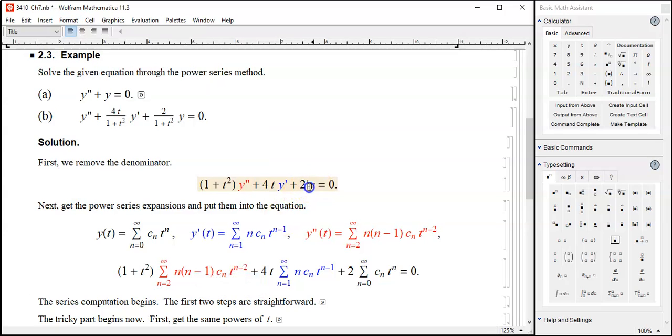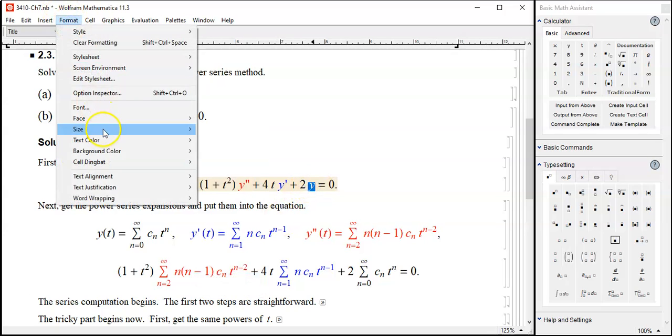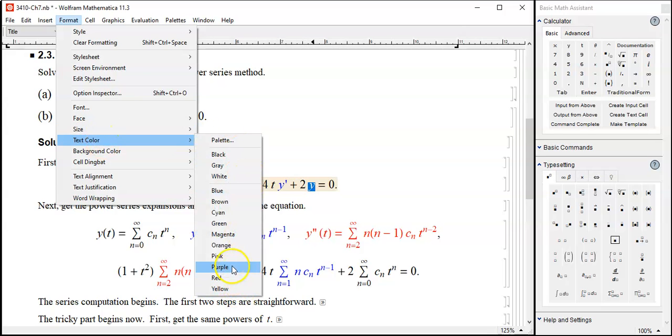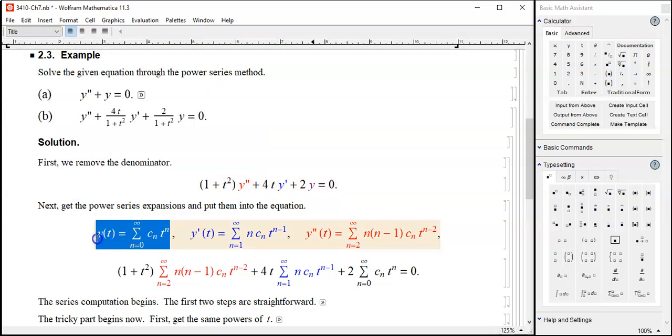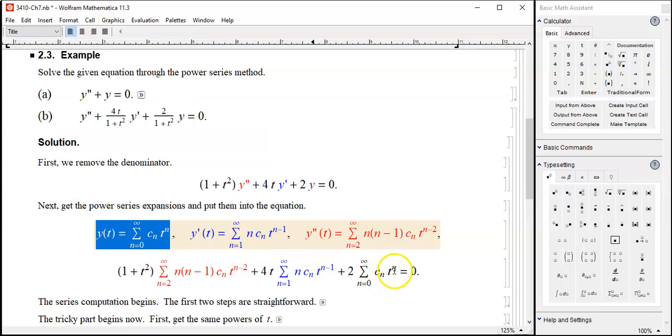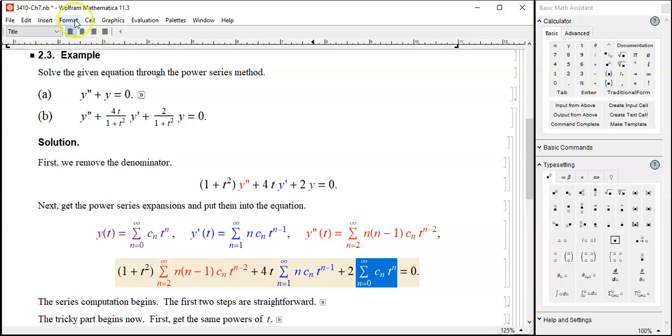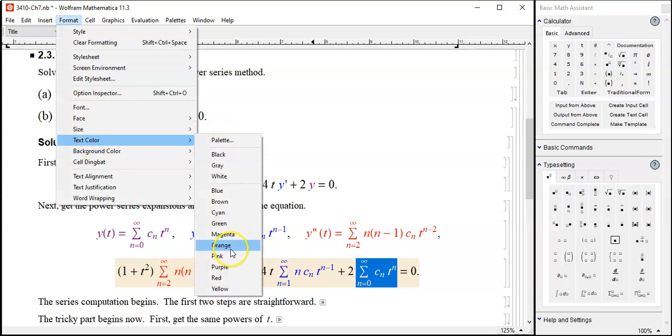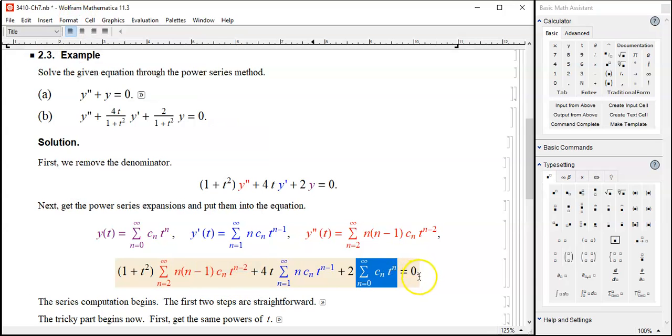And then speaking of purple, let's put this one into purple. So this one is purple, and the rest of the expression is black. Okay, so far so good.